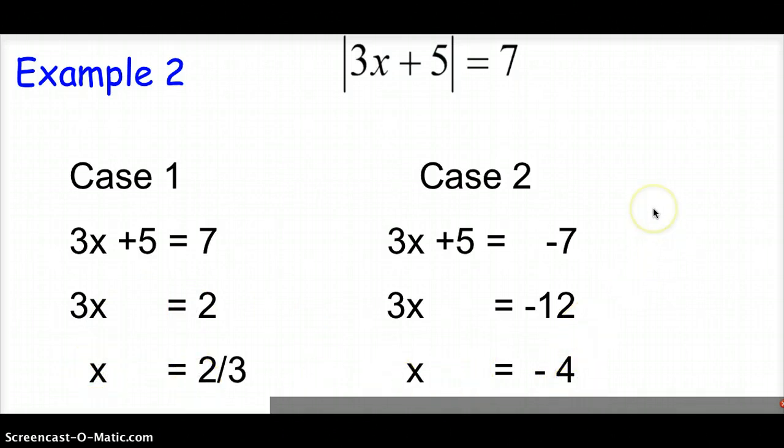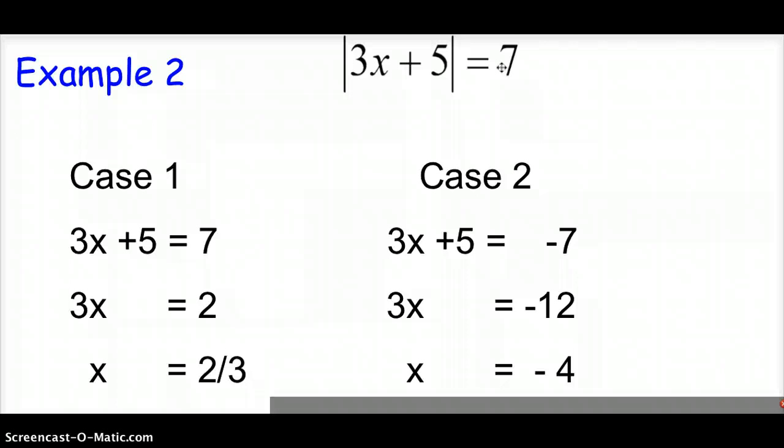So again, absolute value is just a distance away from 0. So in the end, an absolute value is always going to be positive. If you had a situation like this, say that the absolute value of 3x plus 5 equals negative 7, that would be impossible, because the absolute value of something can never be a negative number.